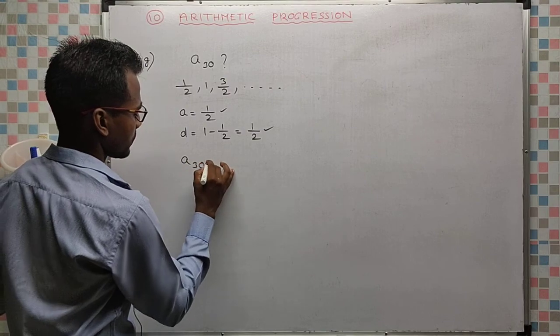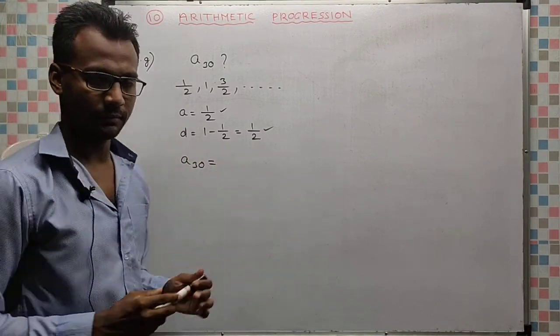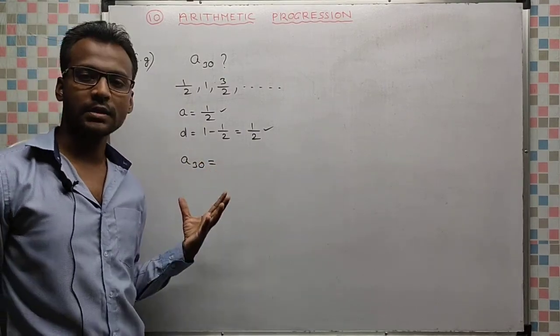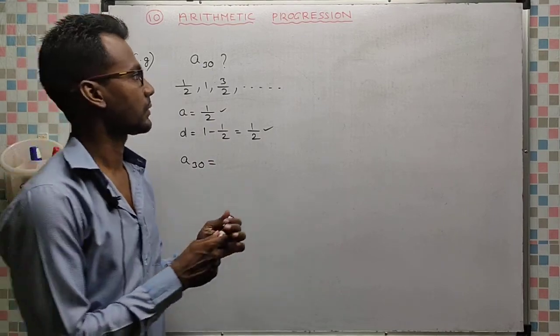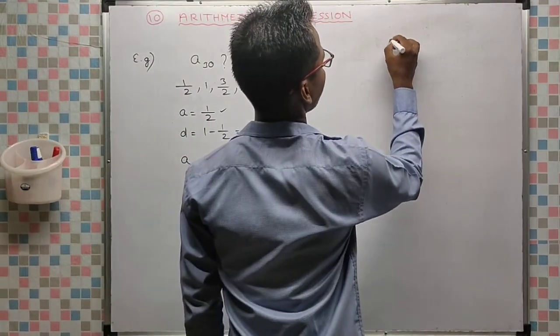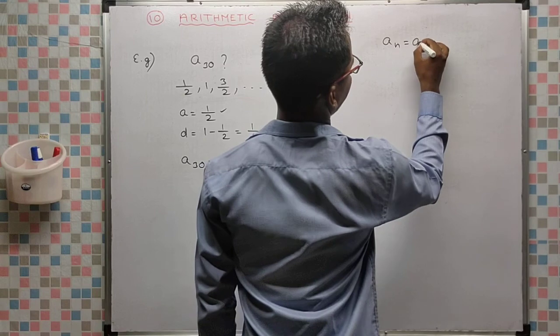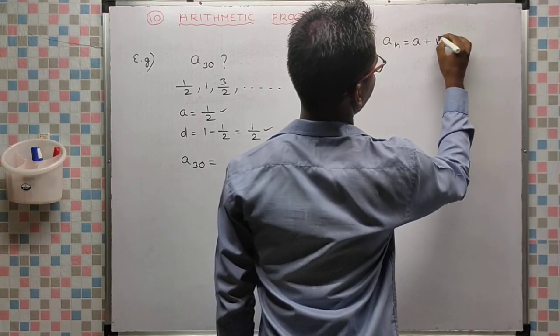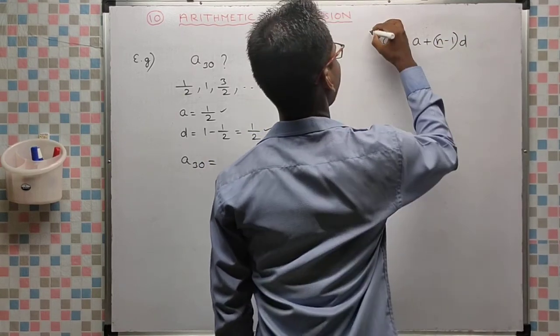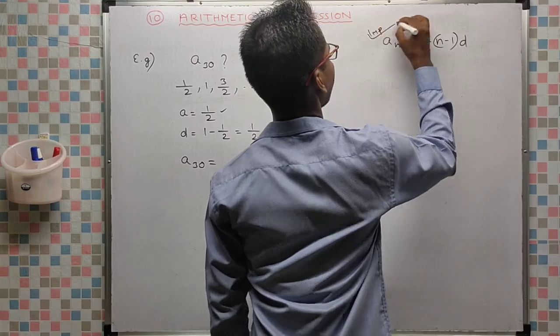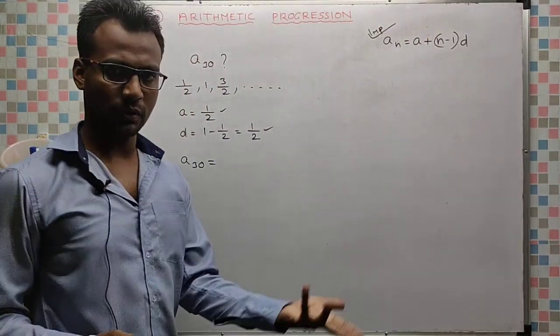So A30 is equal to, what was the formula? An is equal to a plus n minus 1 d. Last term formula was also same.